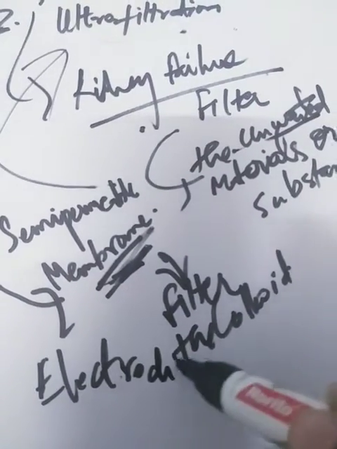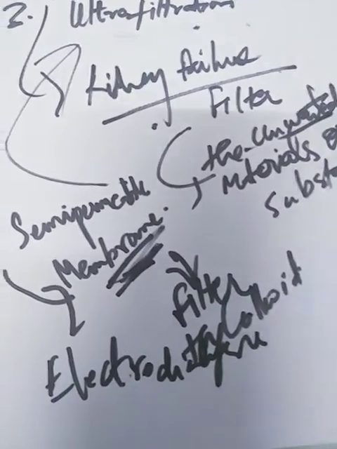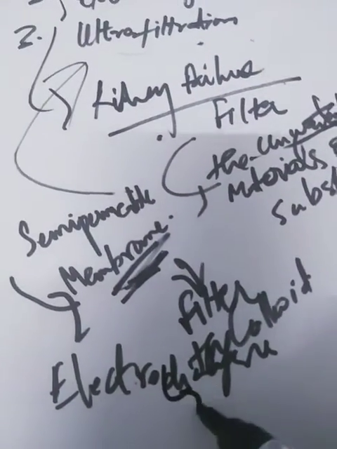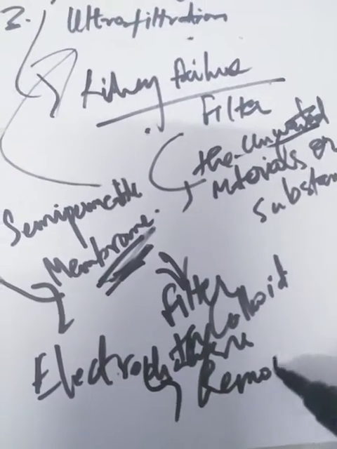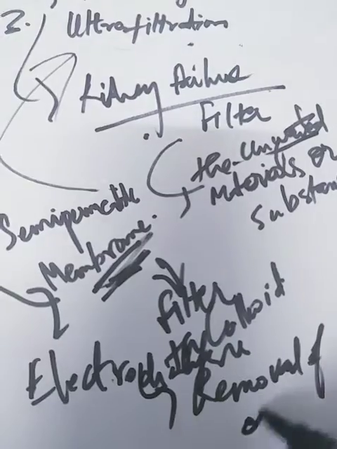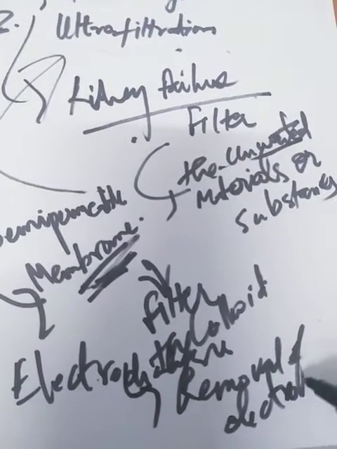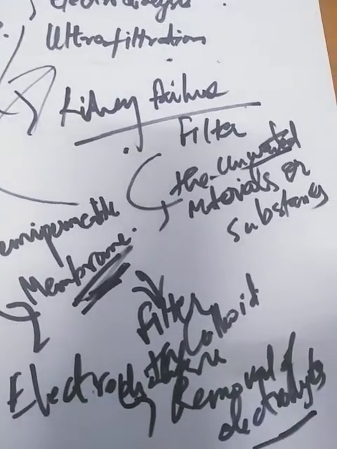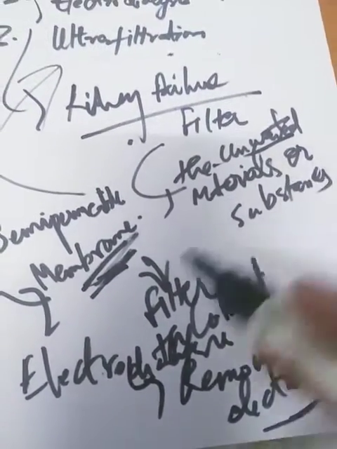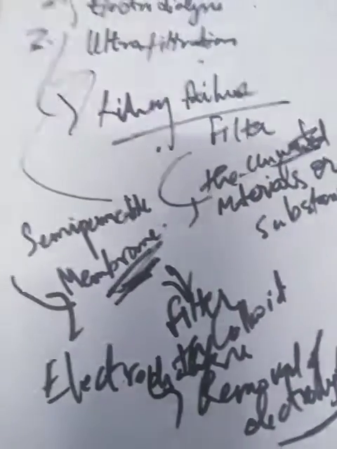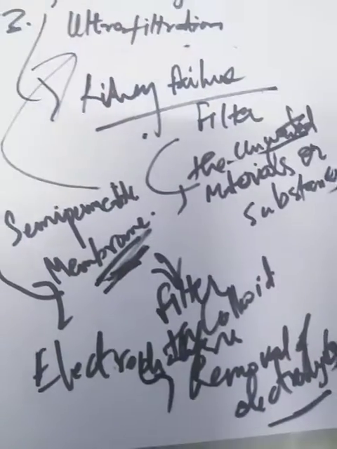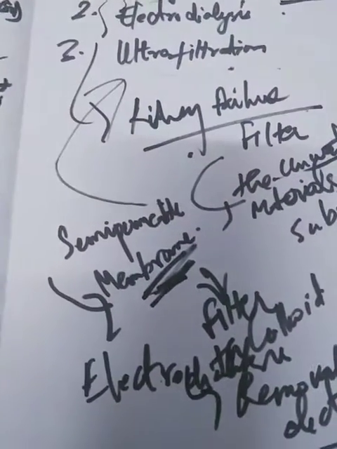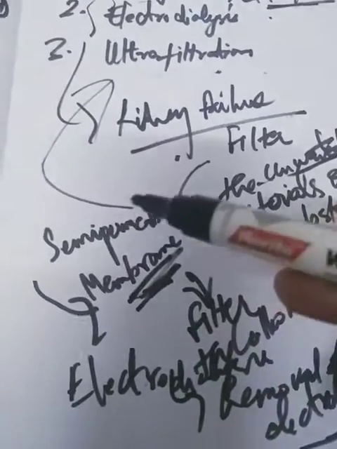In electrodialysis, we will remove the electrolytes using an electrolytic process, with the supply of electricity. The setup has compartments filled with water, and the impurities pass into the water compartment and are then removed periodically.